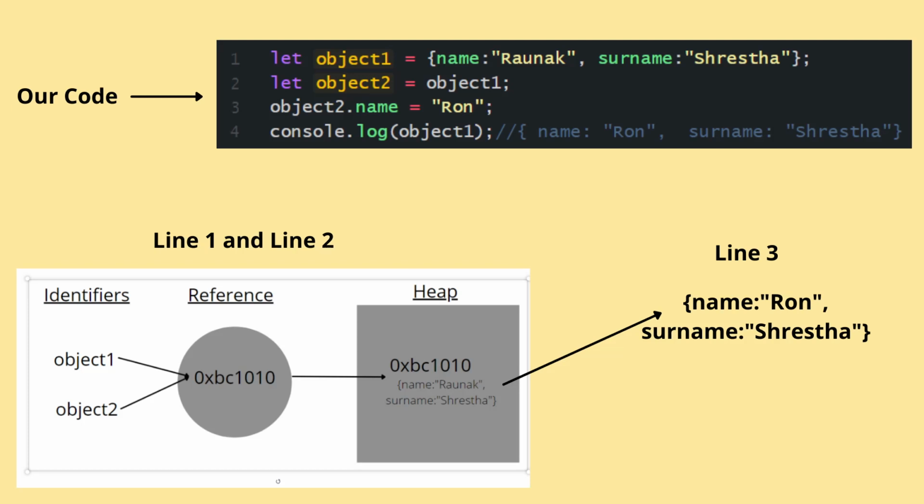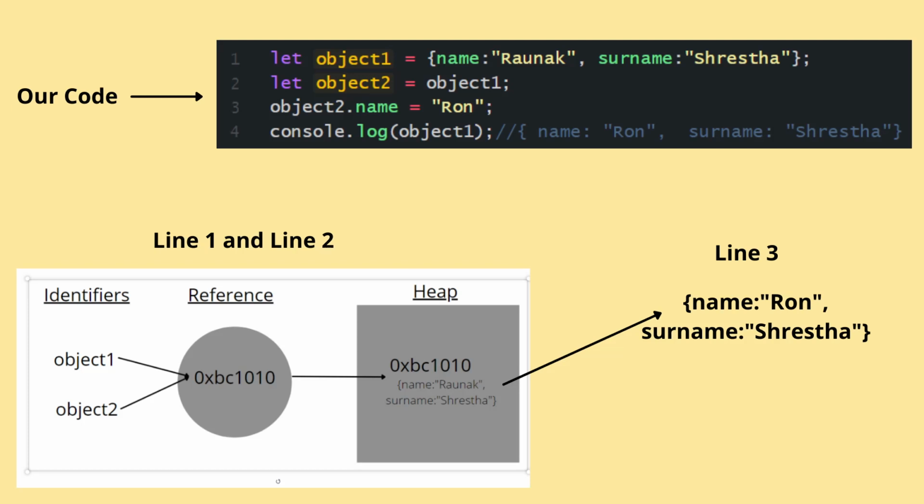But for objects, it's a different case. The data is actually stored in a heap, or we can call it a memory heap, and the reference we see in the diagram below is the copy of data inside that particular memory heap, right? It might be a bit confusing to understand this, but hopefully you'll get there soon. So in line 1 of our code, when we create a variable object1 and set its properties, those properties will be stored inside the memory heap with their values.